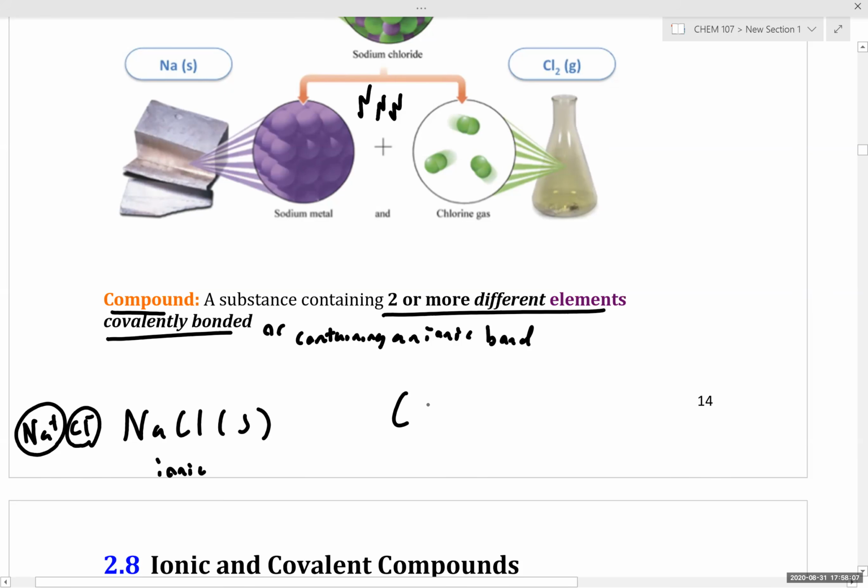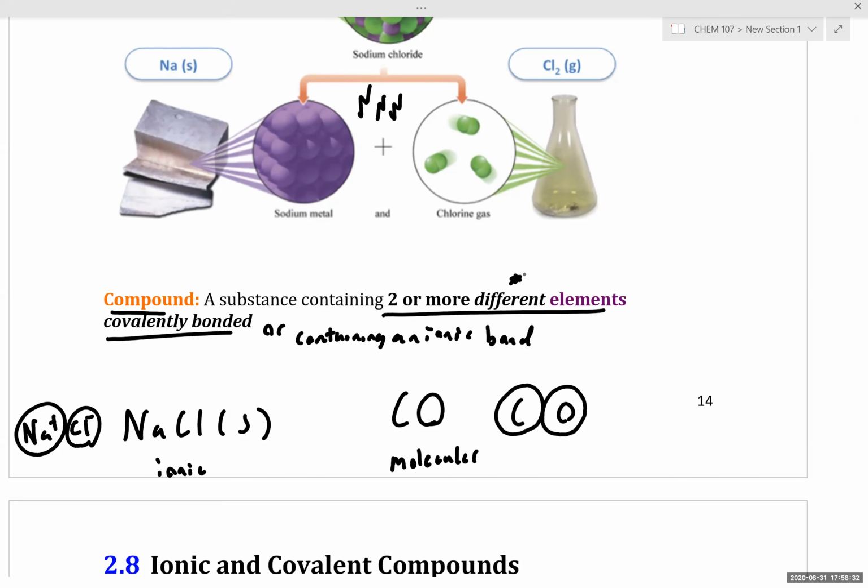Another example would be carbon monoxide, which is an example of a molecular compound. In this case, we clearly have two different elements bonded together. So compounds: two or more different elements bonded via either a covalent or an ionic bond. Does this make sense to everyone so far? Compounds, two or more elements. Any questions on that?